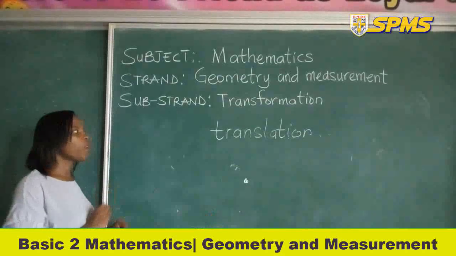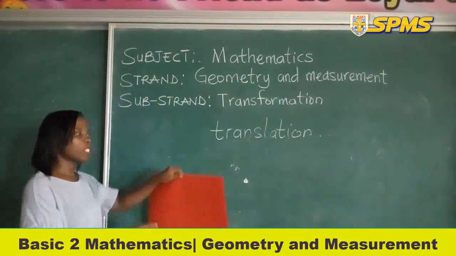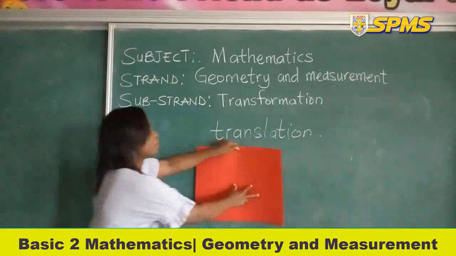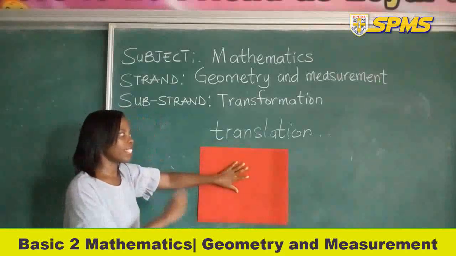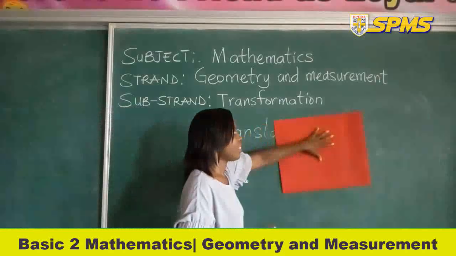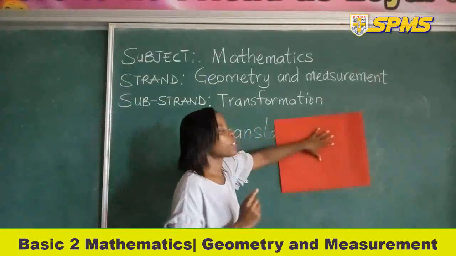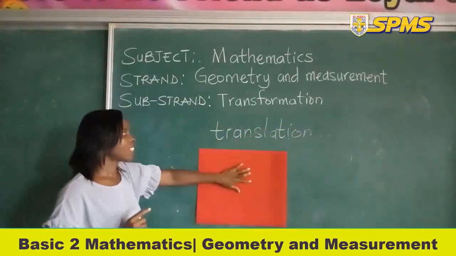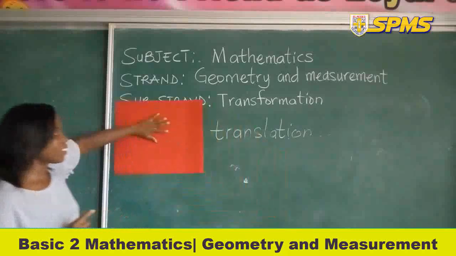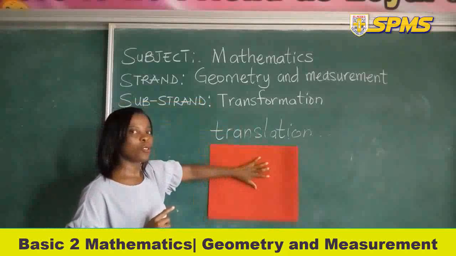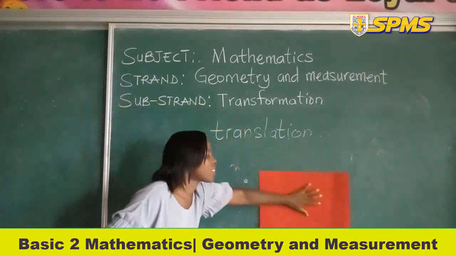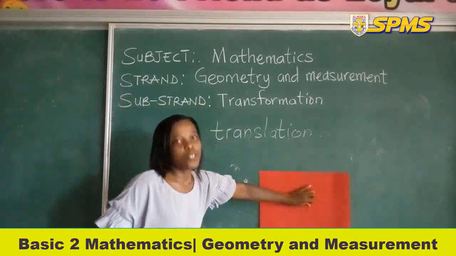To explain this word better, this is the position of this shape. You can either slide to the right, come back to the position, slide to the left, come back to its original state, also slide downward. Good.